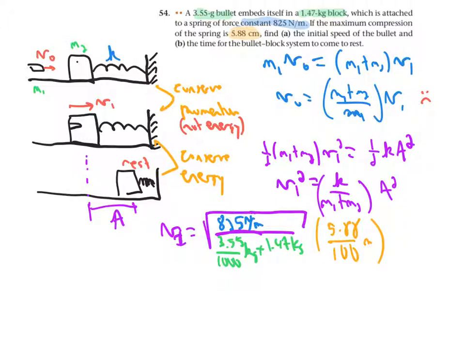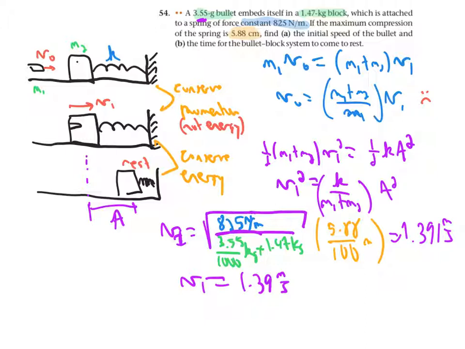And we end up with 1.391 meters per second. And based on our 3 sig figs, we really get that v1 is 1.39 meters per second. Sadly, they didn't want v1, they wanted v0, so I have to go back up to here and get v0.